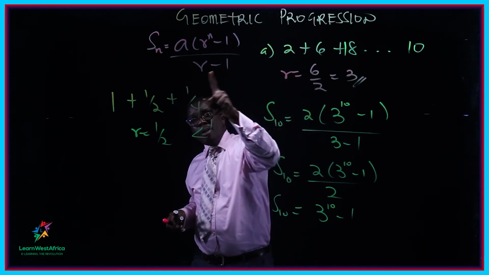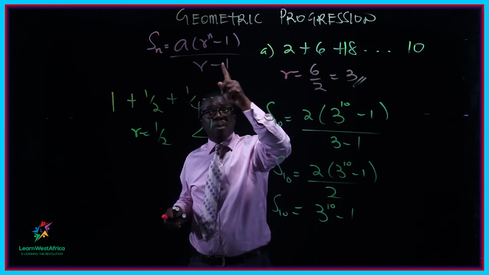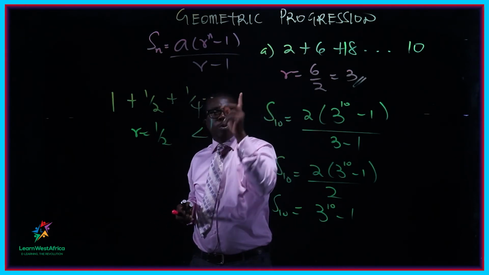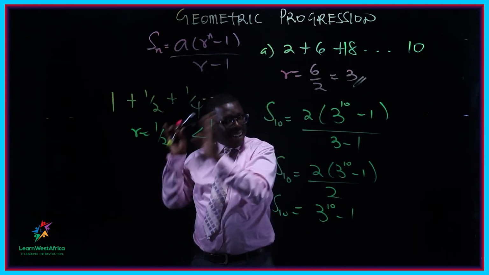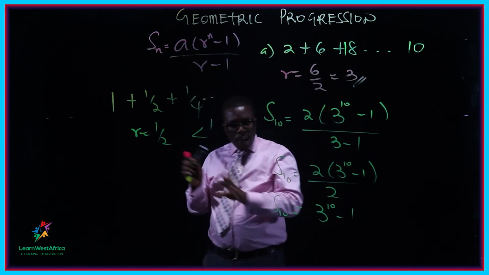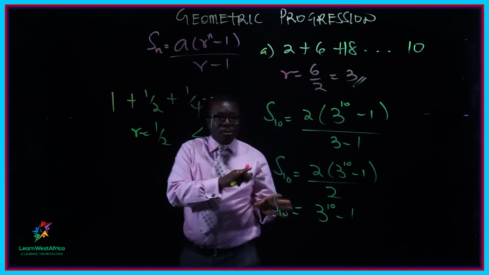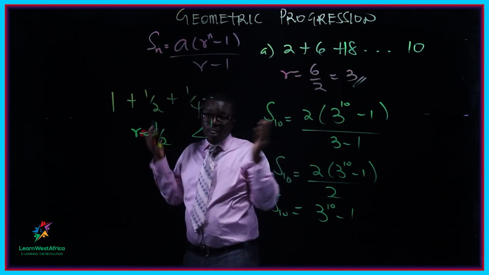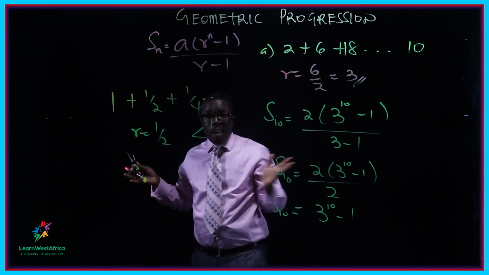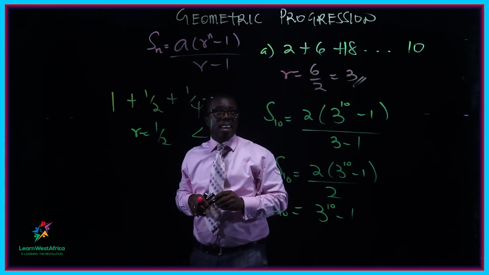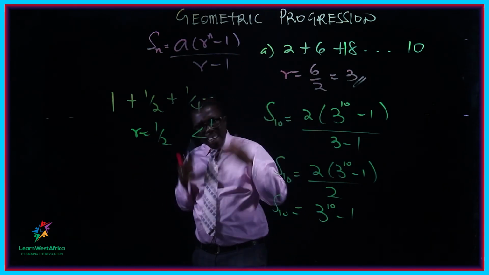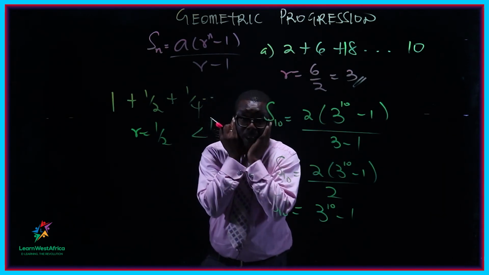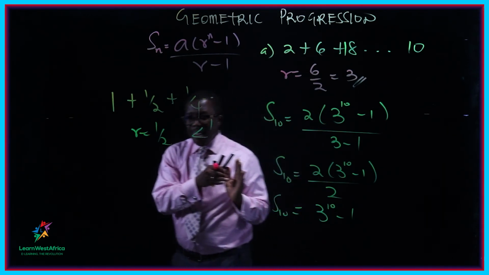And instead of r minus 1, you write 1 minus r. That is what you do if your common ratio is less than 1. So here, we want to find the sum of the 8 terms, and therefore, we'll make that adjustment accordingly. It wouldn't make any difference if you were to put it straight away. Obviously, you still come to the same answer. You can try that in a separate activity, but in exam conditions, just get that. My common ratio is less than 1, so my denominator should be 1 minus r.